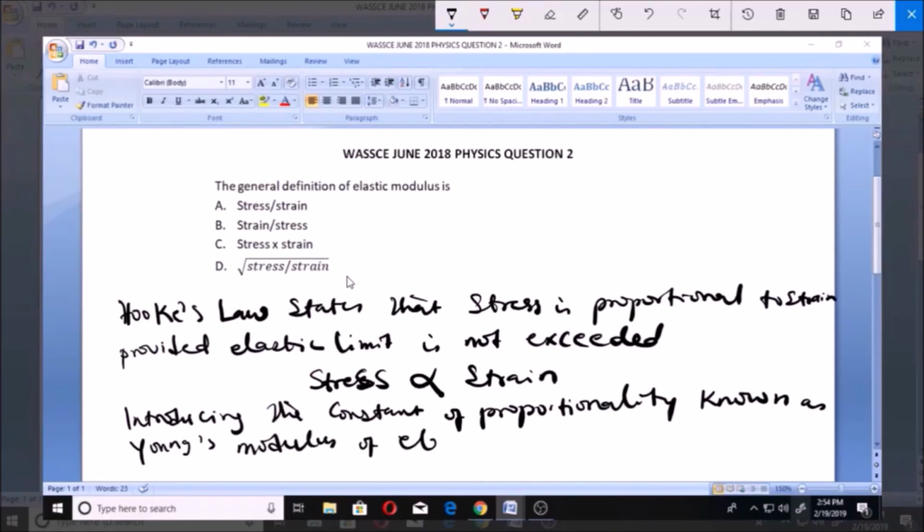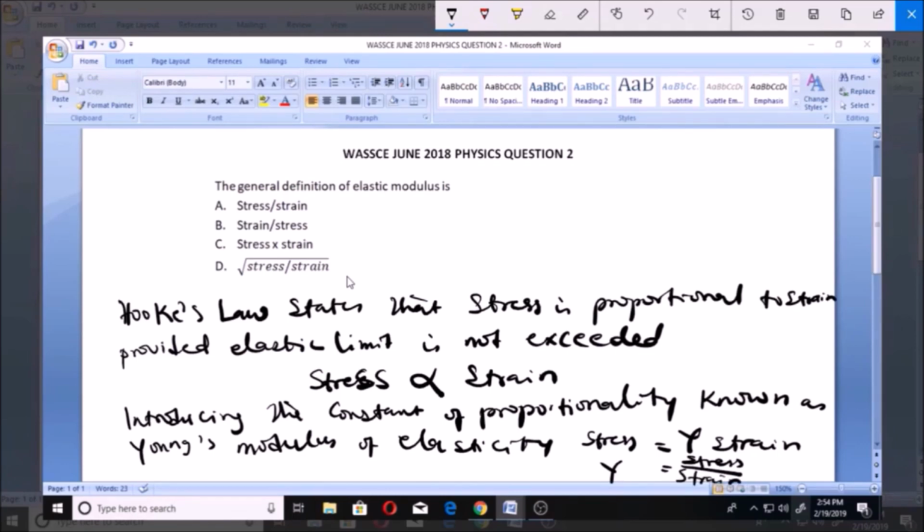So stress is equal to Young's modulus times strain. Making Y the subject, Young's modulus is equal to stress over strain, and that is the elastic modulus.